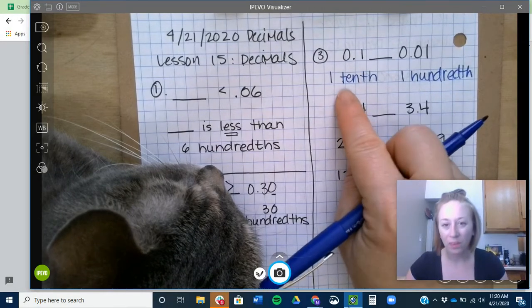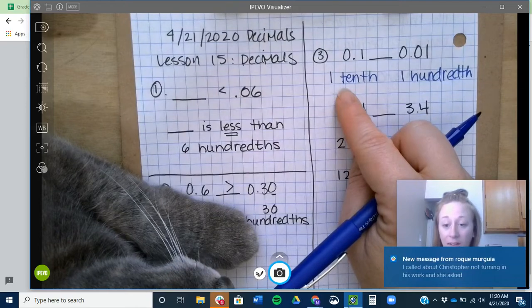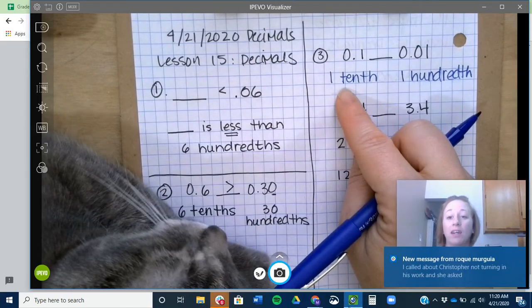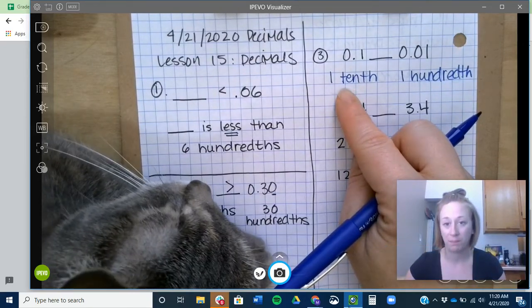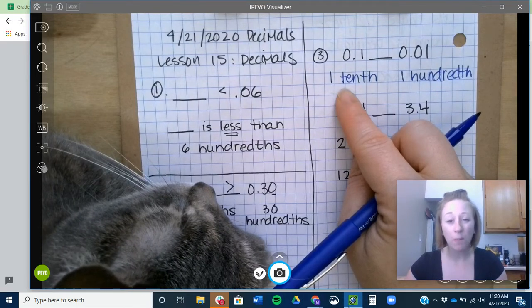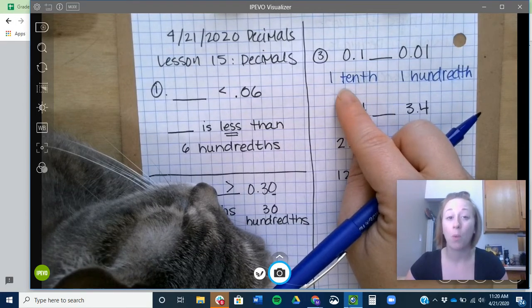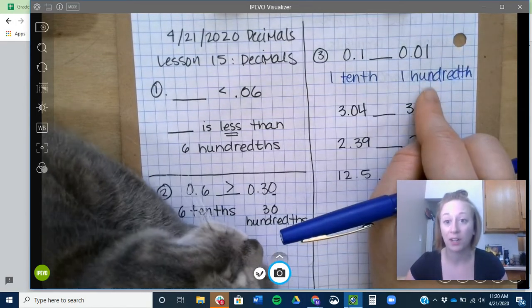Well, we know that 1/10 is greater than 1/100th. If we think about the work that we know about dimes and pennies, we know that 1 dime is greater than 1 penny.